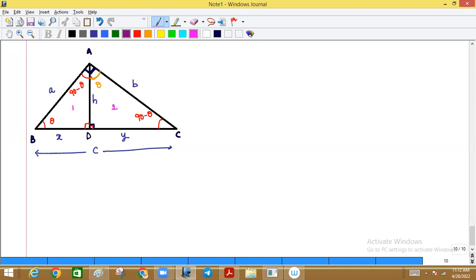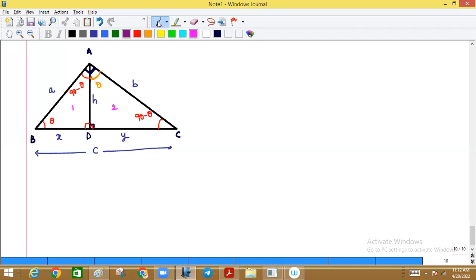Theta, 90 degrees, 90 minus theta. What are the angles in the second triangle? Theta, 90 degrees, 90 minus theta. What are the angles in the third one? Same: theta, 90 minus theta, and 90 degrees. Which means all the 3 triangles are similar to each other. Yes or no?